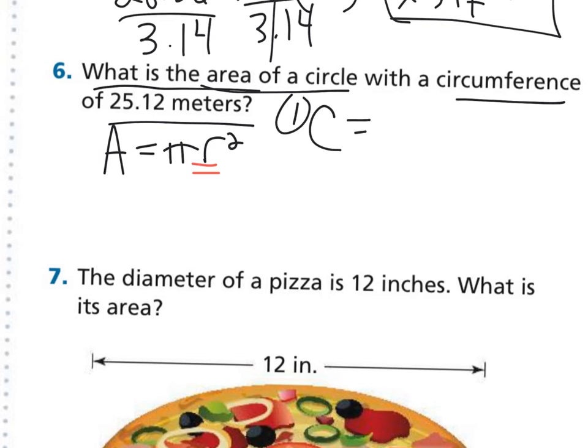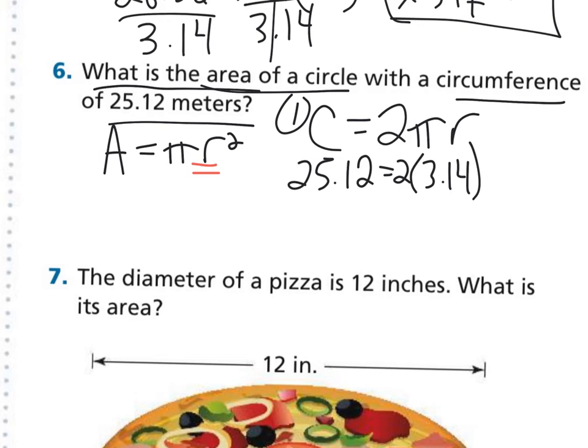So first of all, we have 2 circumference formulas we talked about earlier. I'm going to use the circumference formula that involves radius. So circumference is 25.12. Pi, we're going to use 3.14. And then to get going here, the 2 and the 3.14, we can multiply those together because they're right next to each other.